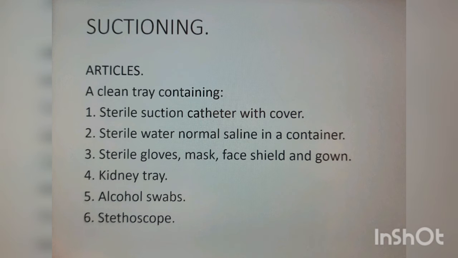For an adult, we can have a number 12 to 16 French gauge, and for a child, a number 8 to 10 French gauge. Next, we can have sterile water, normal saline in a container, sterile gloves, a mask, a face shield, a gown, a kidney tray, alcohol swabs, and a stethoscope.